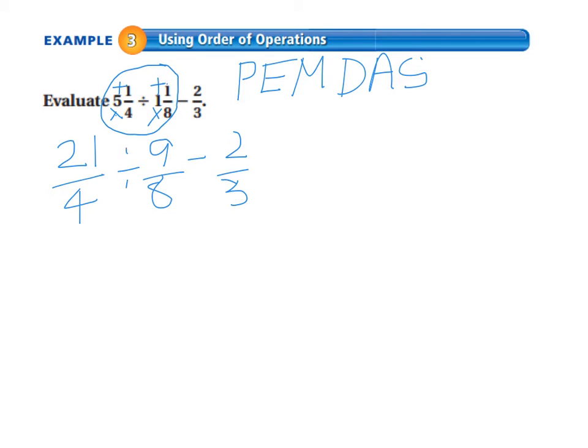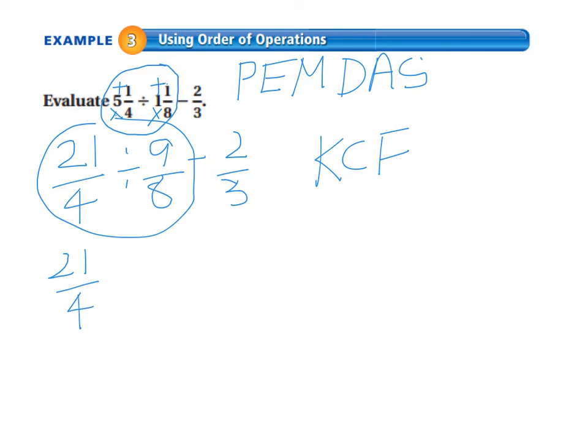I still have this division part to do first. So I'm going to do the keep it, change it, flip it. 21/4 is my keep it. Change the division to a multiplication, and flip the 9/8 to its reciprocal 8/9. My problem now looks like this.